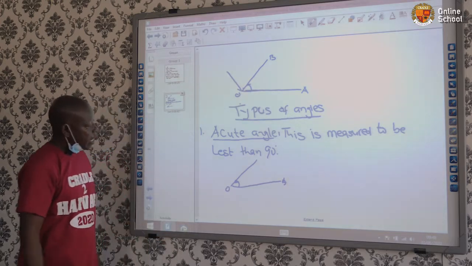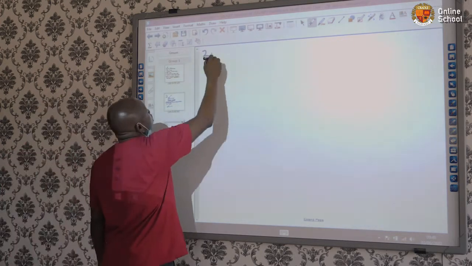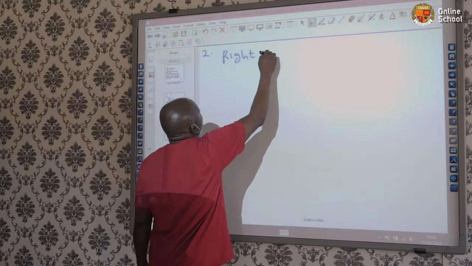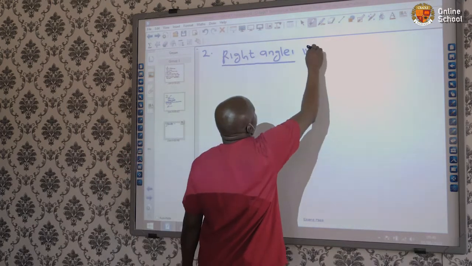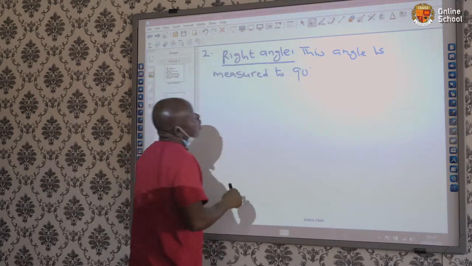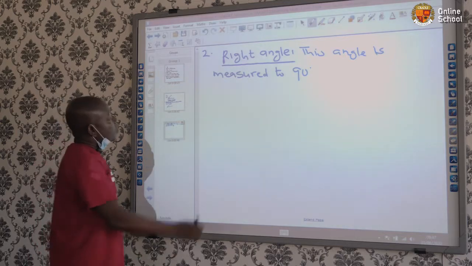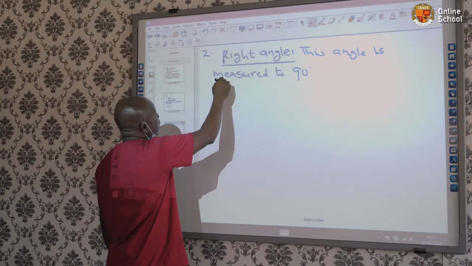You see any angle like this is less than 90. This angle is measured to be 90 degrees exactly.